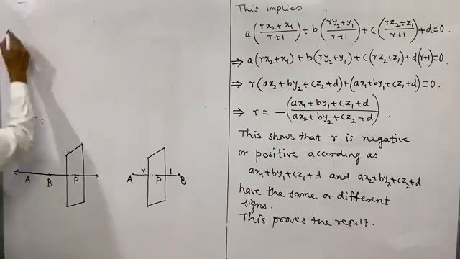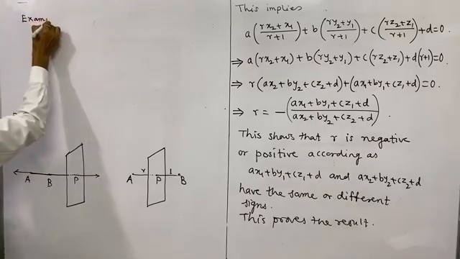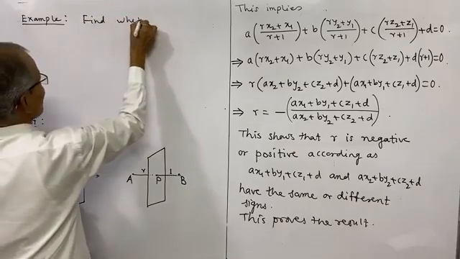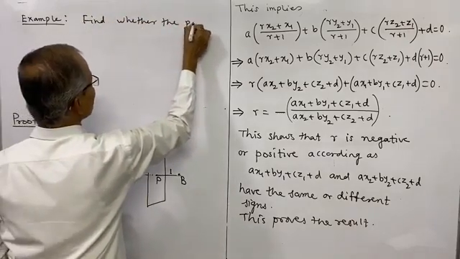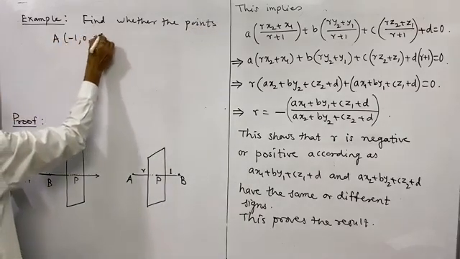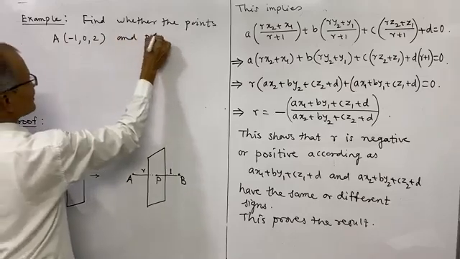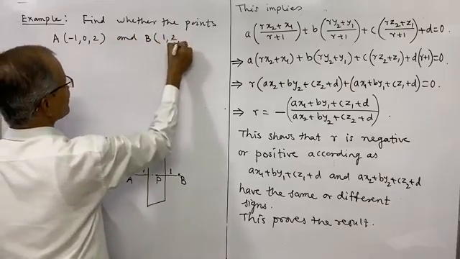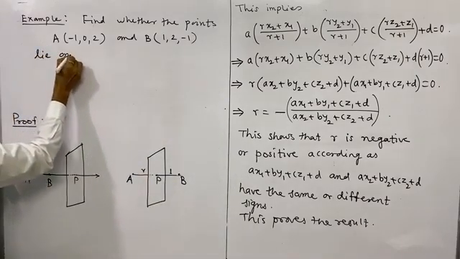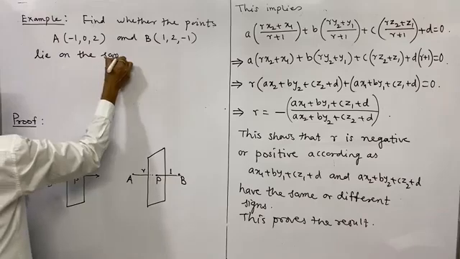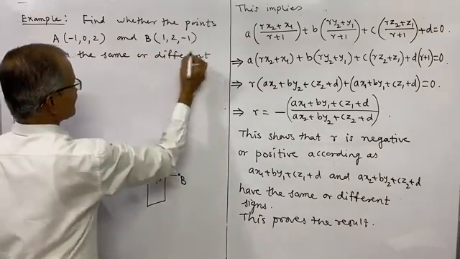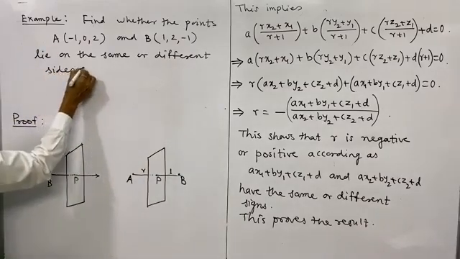Example: find whether the points A(-1, 0, 2) and B(1, 2, -1), any points we may consider, lie on the same or different sides of the plane.